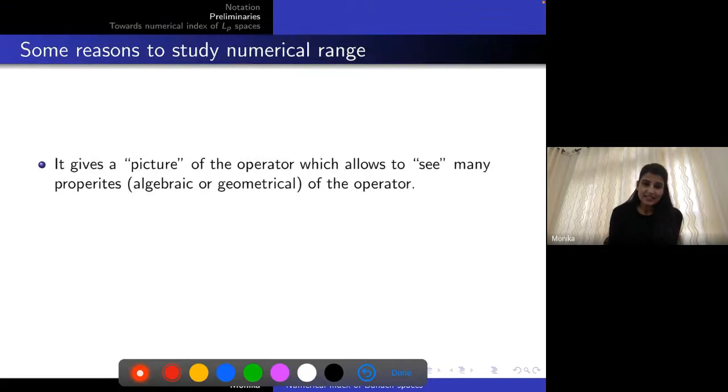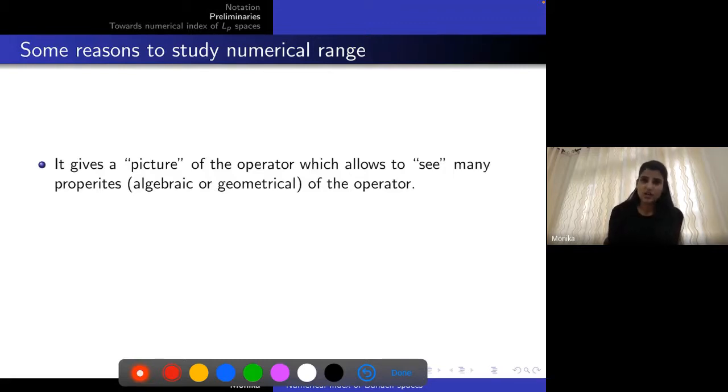The numerical range actually gives us a nice picture of the operators, which allows us to see many geometrical and algebraic properties. It will be more clear when we discuss the properties of numerical range. And also, it is a comfortable way to study the spectrum of any operator.